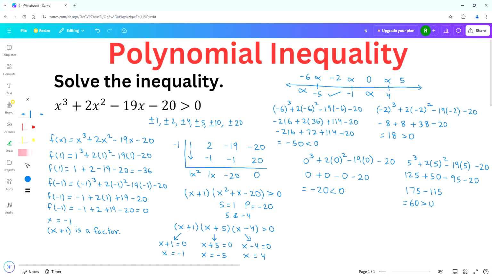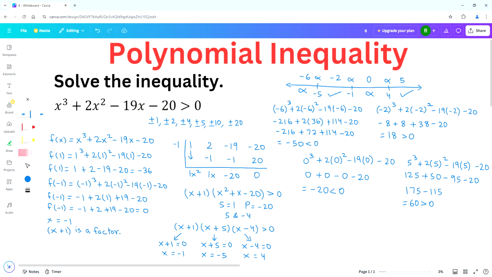That means the given inequality is satisfied in the interval to the right side of 4. Now we can write the solutions for the given inequality. The inequality is satisfied in the interval from negative 5 to negative 1 and to the right side of 4.